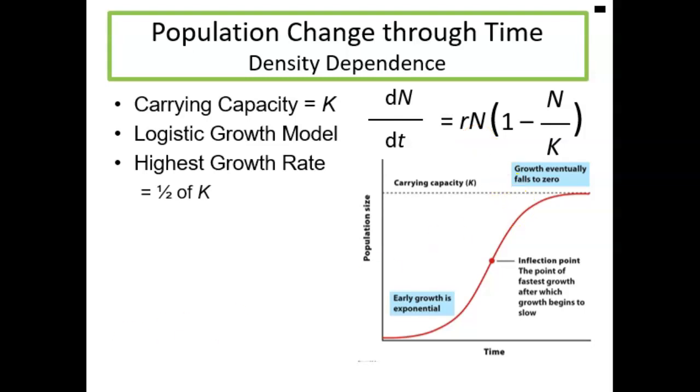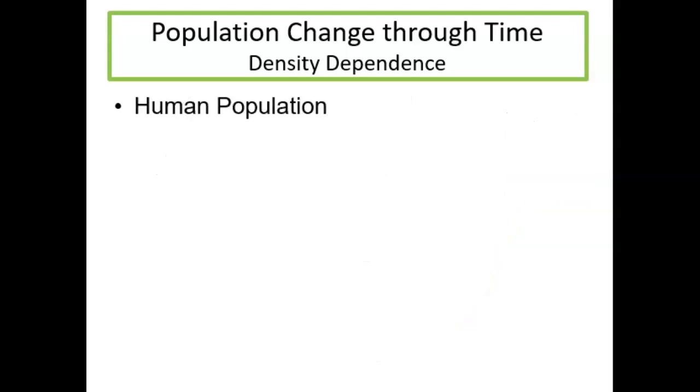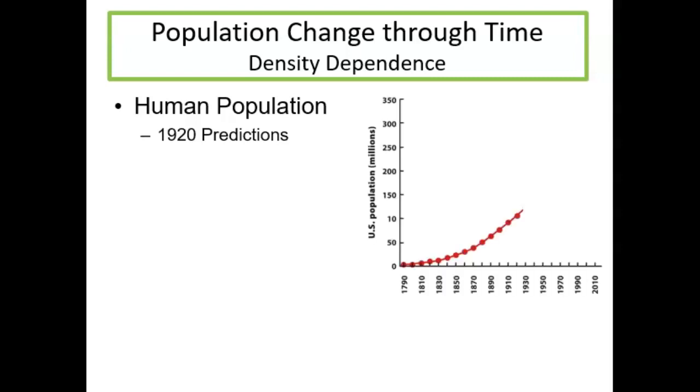All right, so let's apply this to a real population, the human population. People have known about this idea for carrying capacity for a long time, contemplating how many individuals can be supported. And in 1920, some population biologists looked at the human population and made some predictions.